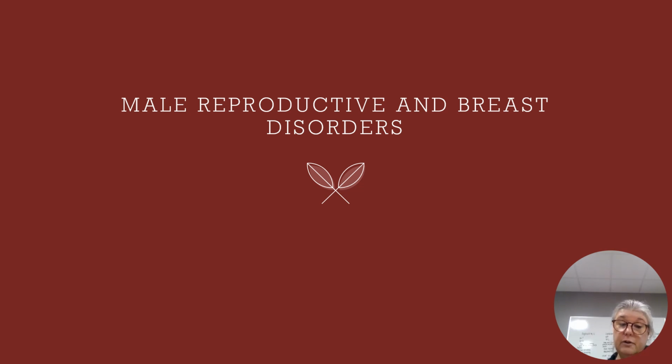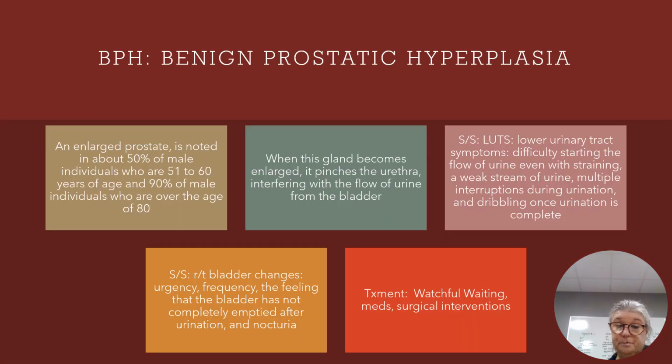All right, slide 33, male reproductive and breast disorders. All right, so we're going to start with BPH, which is benign prostatic hyperplasia. I'm going to say out of all of these, the BPH is the one you're going to have to deal with the most related to males, just in general. So BPH is an enlarged prostate.